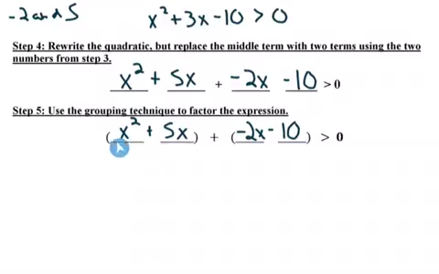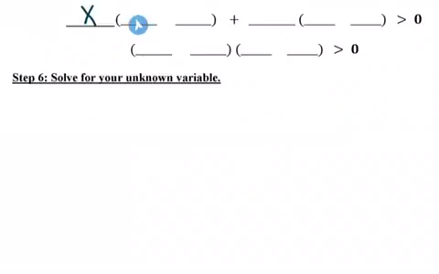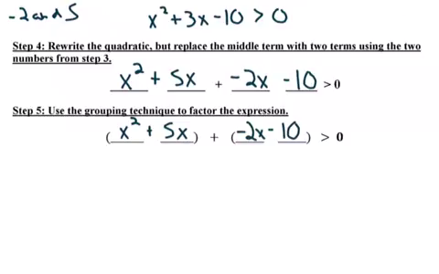So if we want to figure out what goes into this first blank, I need to divide this term by whatever it is that I'm factoring out. So if I want to figure out what goes in the first blank inside the parentheses, I do x squared divided by whatever I'm factoring out, and I get x squared over x.